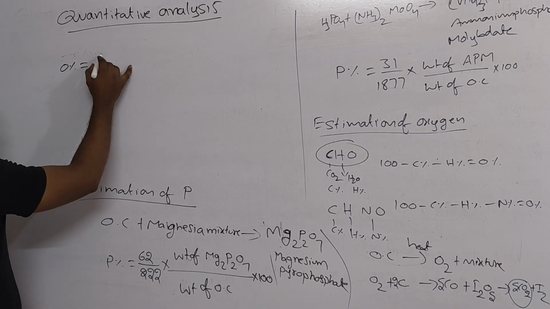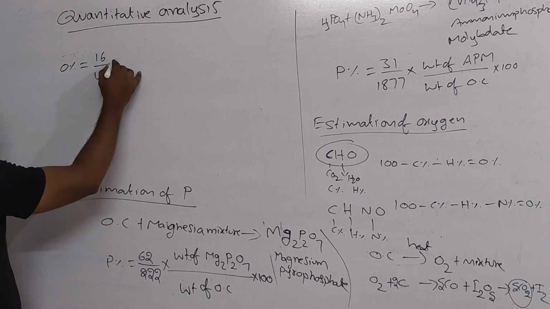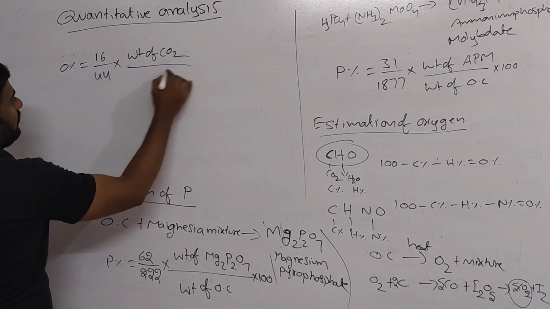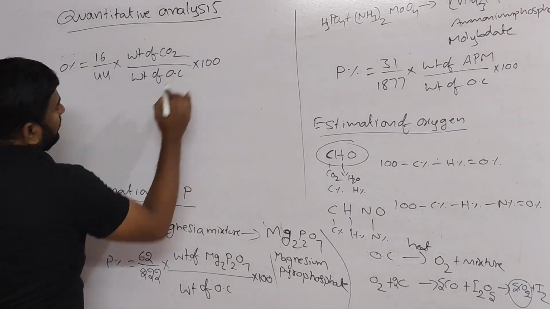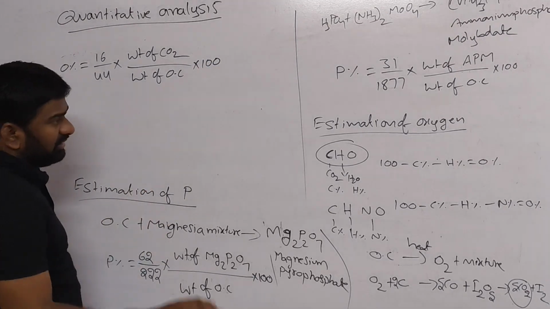Oxygen percentage is equal to 16, the oxygen atom, by 44 for CO2, into weight of CO2 by weight of organic compound, into 100. By using this formula, we can calculate the oxygen percentage.